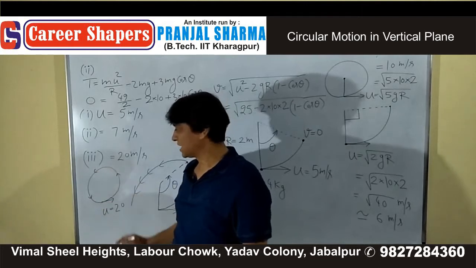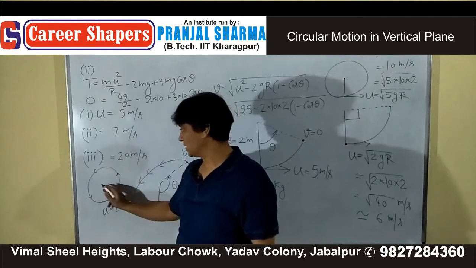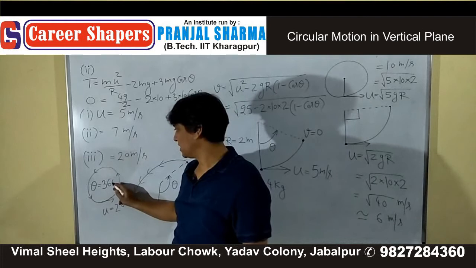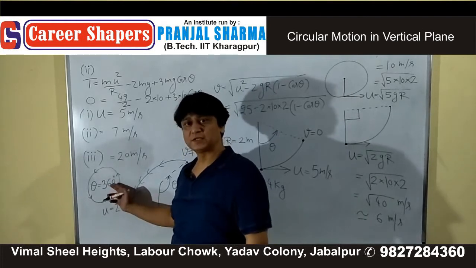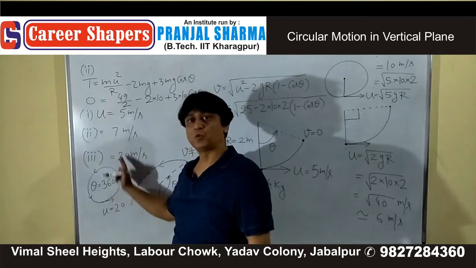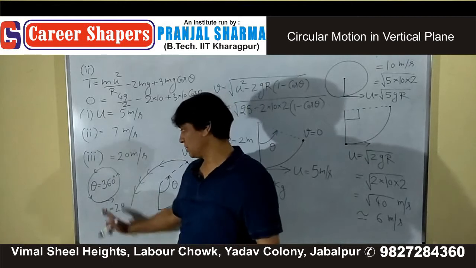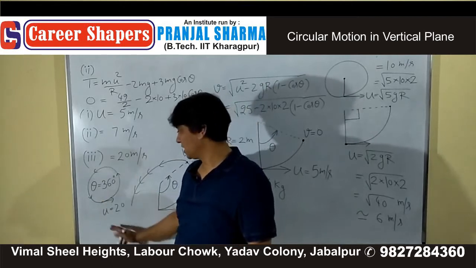And therefore, you can say that the maximum angular displacement is 360. If you talk about one rotation, it will be 360. After that, it will continue again and again. But for one turn, your maximum angular displacement is 360.